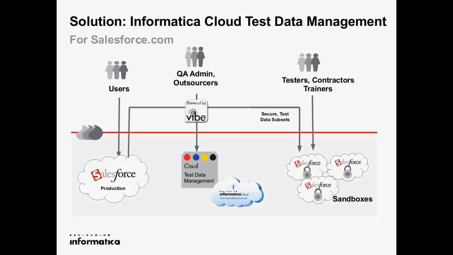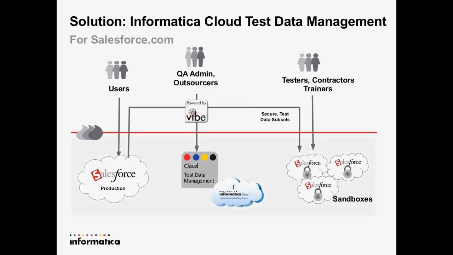Those QA admin or the people who are defining the test data sets or outsourcers would connect to the cloud test data management software as a service, configure the policy in the cloud, and then when they hit execute, the software, the agent, pulls data from the production environment.